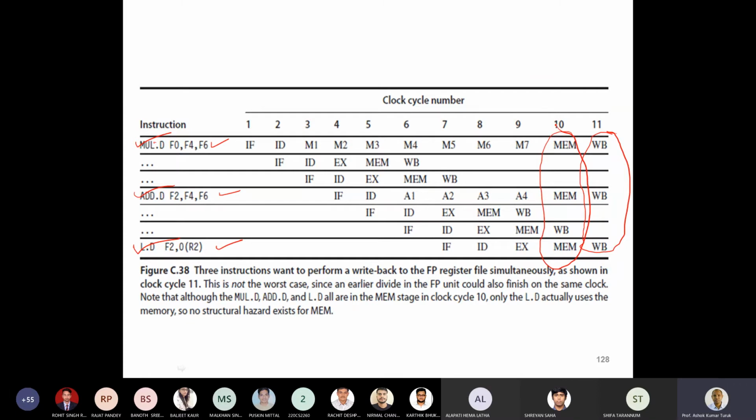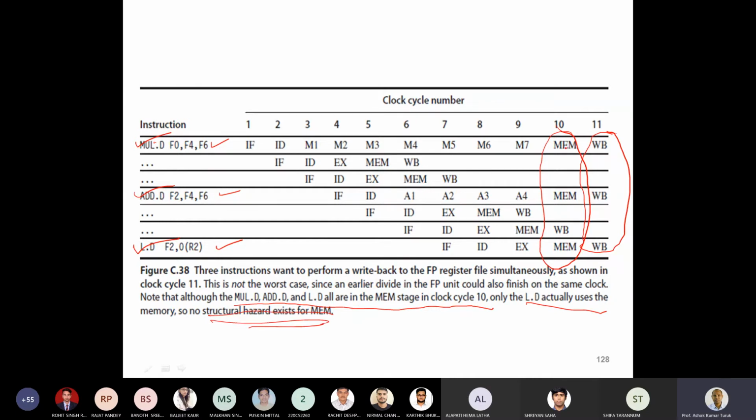Why is it not a problem? If you look at the last line here, all of these are in the memory stage in clock cycle 10, but only the load actually uses the memory, so no structural hazard exists.